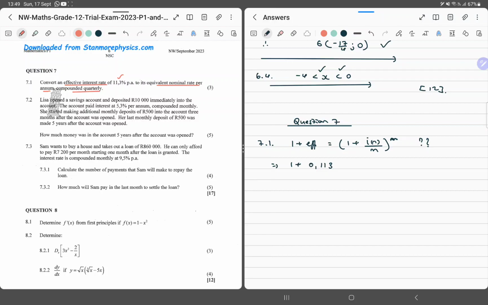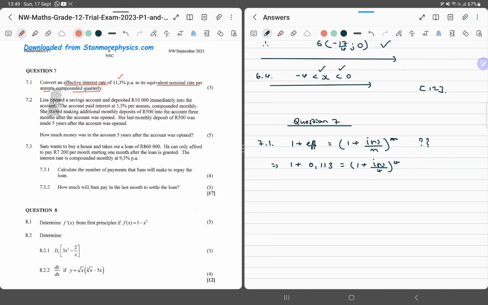Okay, so you just convert that to a decimal. Equals 1 plus i, which is what we want, over m. Now we're saying quarterly, so this is going to be over 4, and then in 1 year it's going to be 1 times 4 quarters, which is just 4.